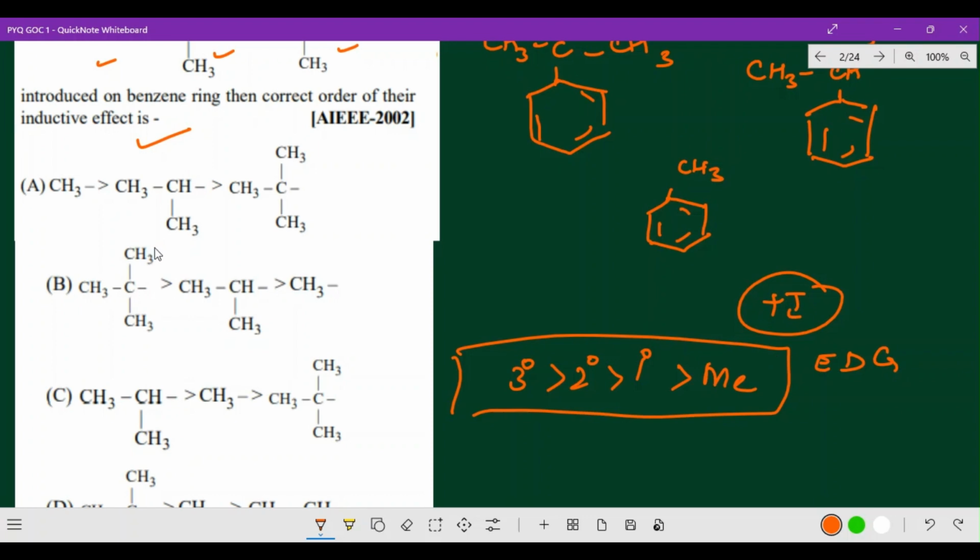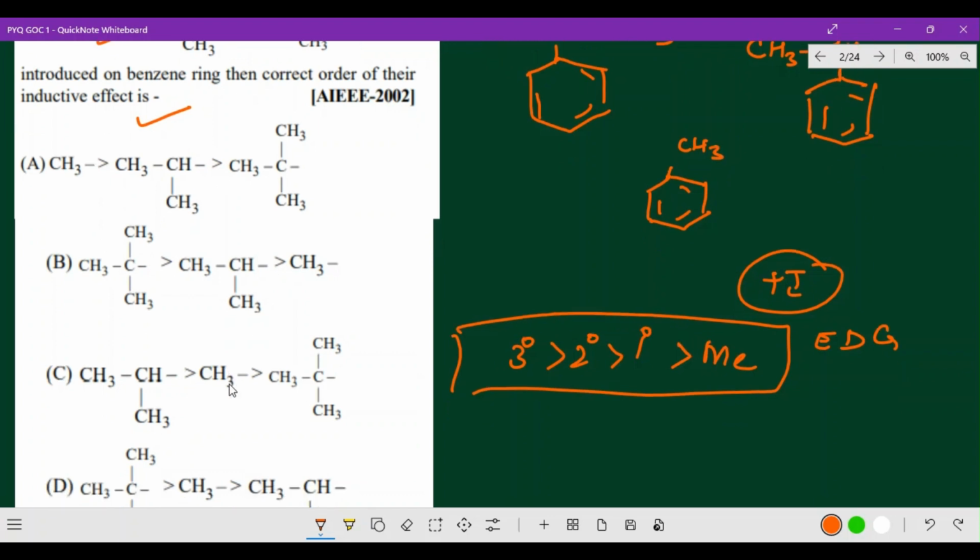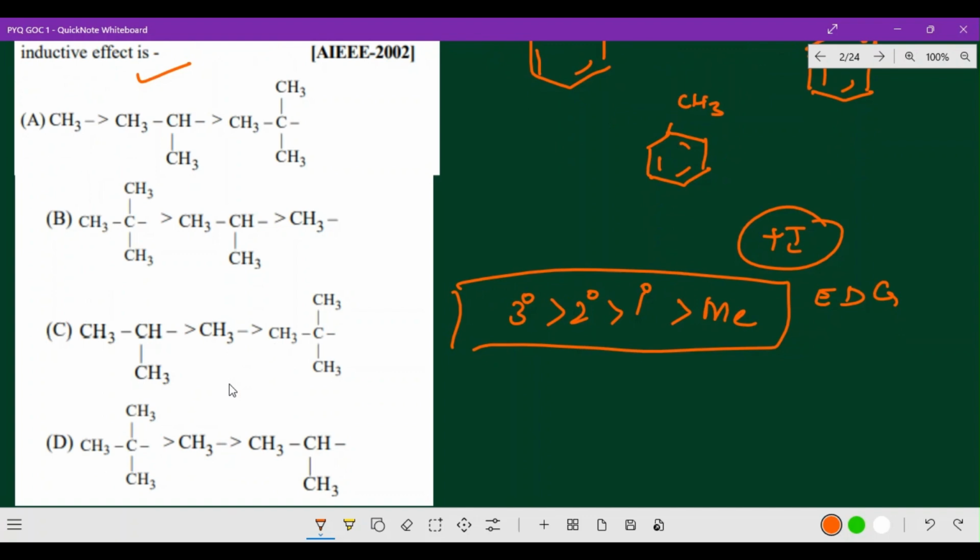So naturally, which is the correct option? As we come to the last question, it is more or less a similar question. Here tertiary, secondary and methyl. Primary they did not mention, directly they have given methyl. So this is the correct option.